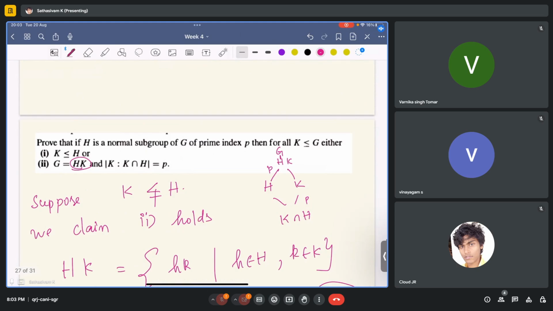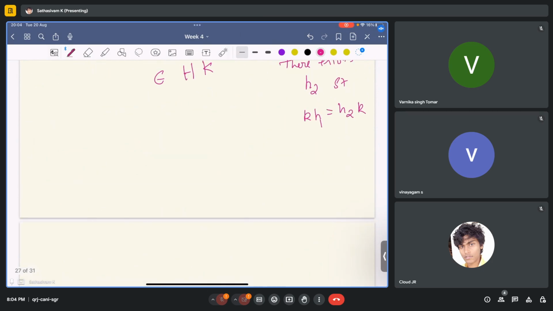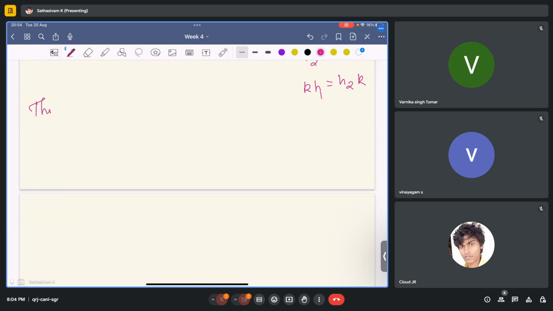We are going to use the third isomorphism theorem. Remember the third isomorphism theorem? There is some diagram, right? So I will write the third isomorphism theorem. Maybe I will just write it exactly as in the book.